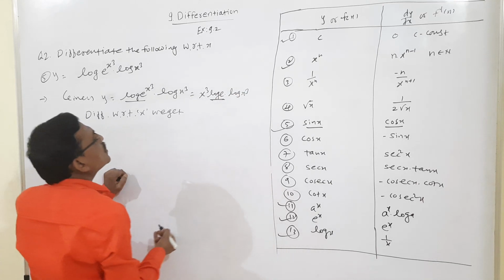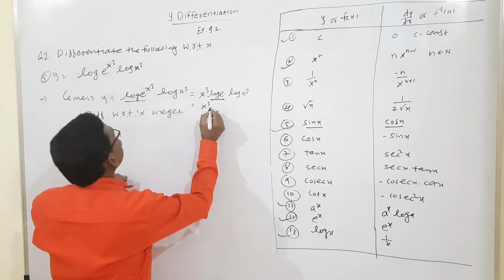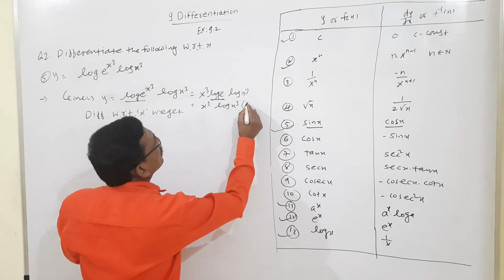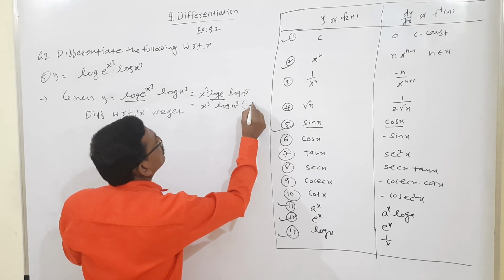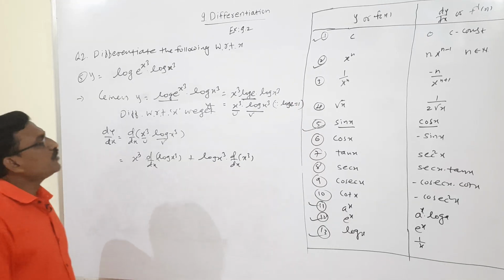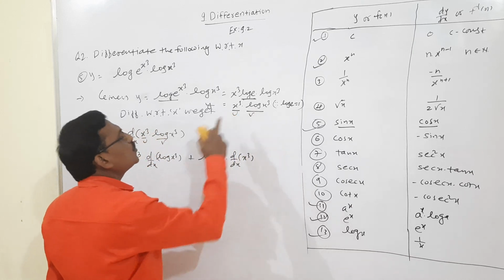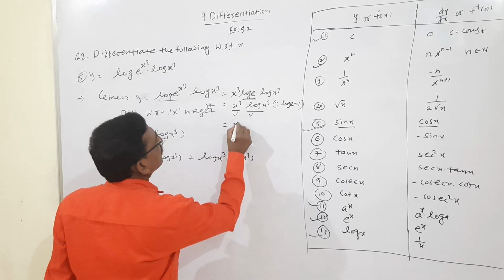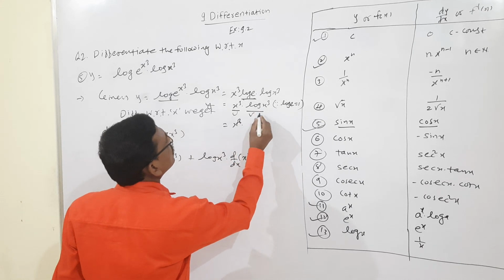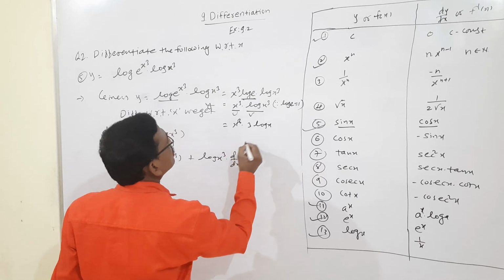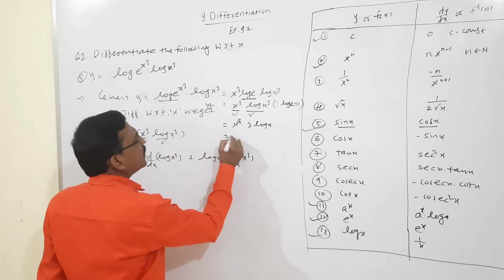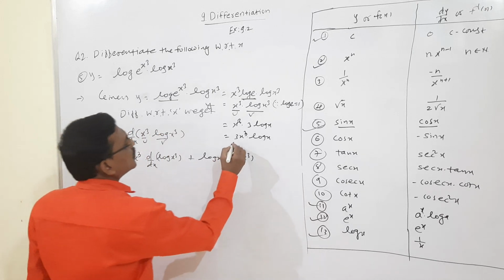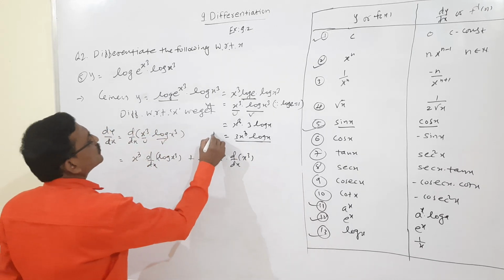But the value of log e is 1, so therefore it is x cube into log x cube only. Now again we use the rule of log of m raised to n, so we take x cube into 3 log x, and finally it is 3x cube into log x here, and therefore we take its derivative. This is nothing but y here.